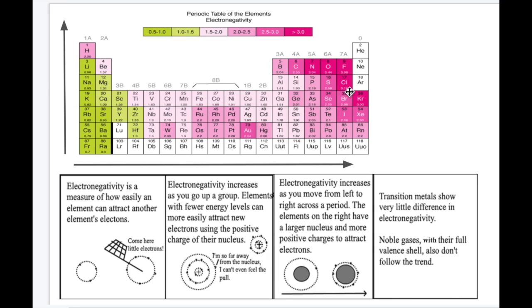Okay, all of these that have the high electronegativity, they all have the oxidations that are negative because they are more likely, or the most likely, to gain electrons in order to fill their outer shell. Okay, so that's why we see higher electronegativity on this end of the period.